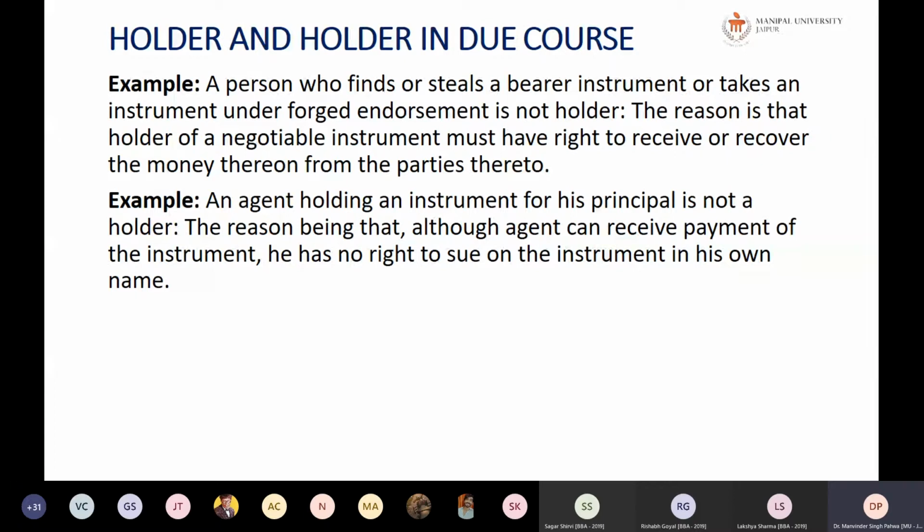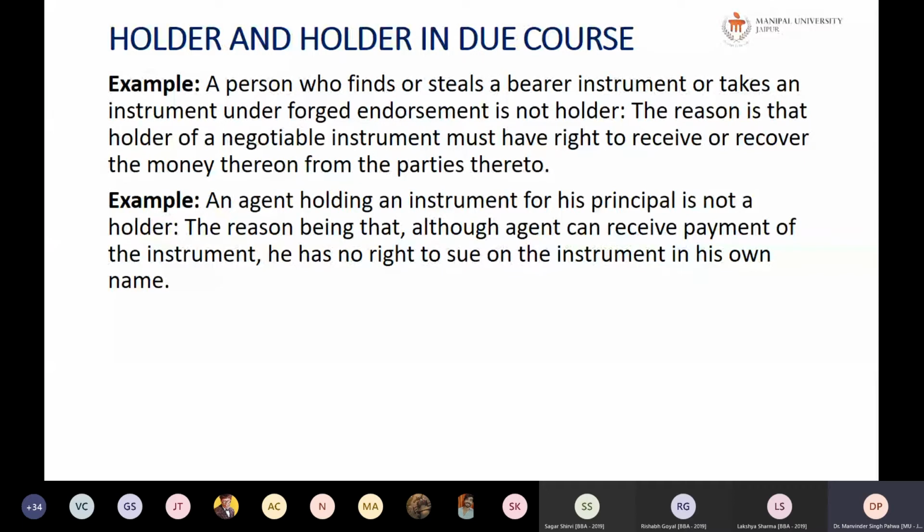He has stolen it, so it does not belong to him. And secondly, he has not given any value for it. A thing received without delivering value is not a proper contract, and such an instrument will not confer a better title.